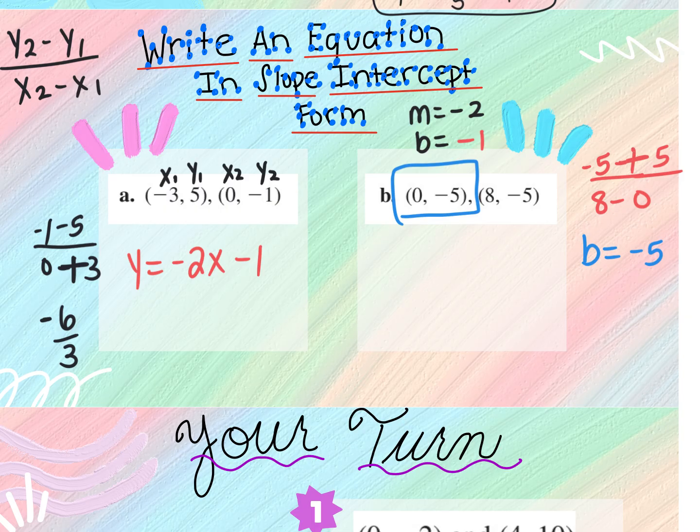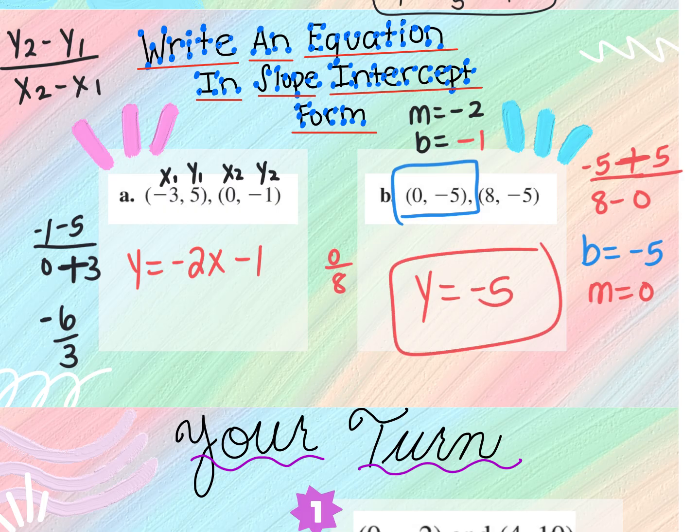This turns into a plus. What's -5 plus 5? 0. What's 8 minus 0? So I have 0 over 8. What is 0 over 8 going to be? The 0 is in the numerator. If the 0 is in the numerator, right, then that means my slope is 0. If the slope is 0, do I write 0x? No. What do I write? Y equals, which means this was a horizontal line, right?